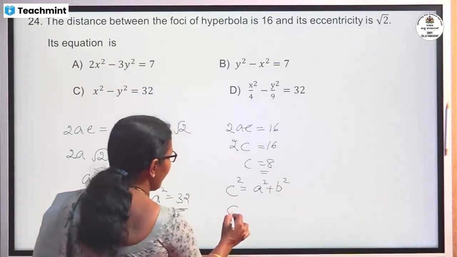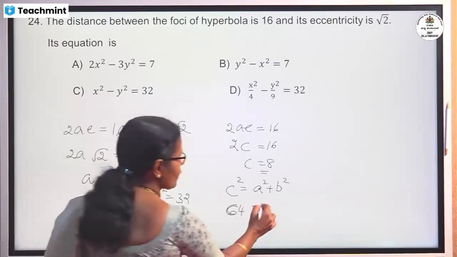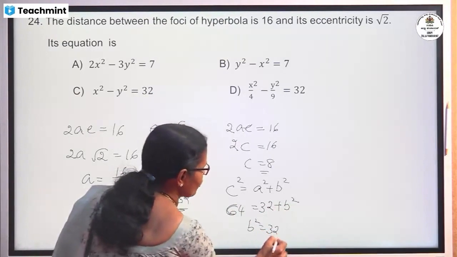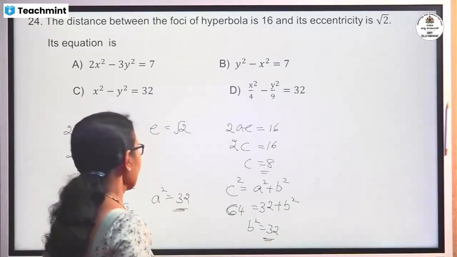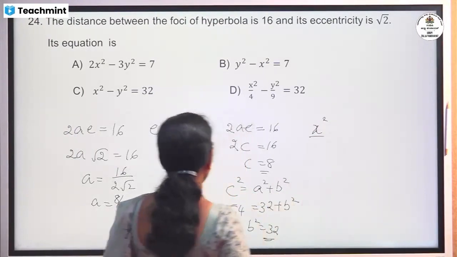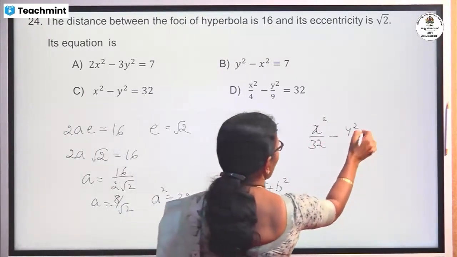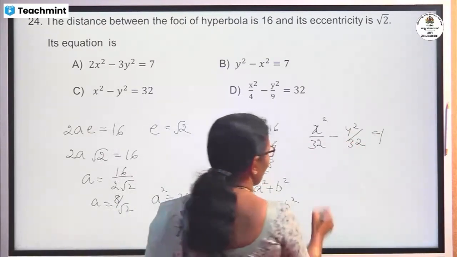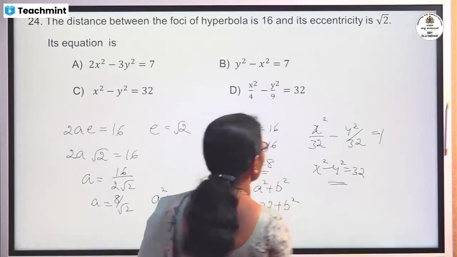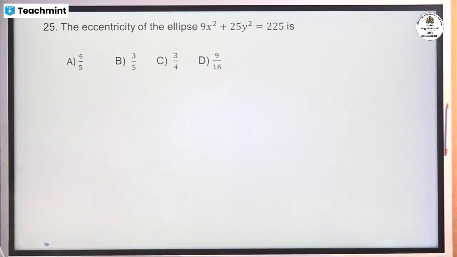Now C square means 64 equals, we know the value of A square 32, plus B square, then we get B square is equal to 32. So the equation of the hyperbola is x square divided by A square, A square means 32, minus y square by 32 is equal to 1, which means x square minus y square is equal to 32 is the correct answer. So option C. Next, move to the next question.